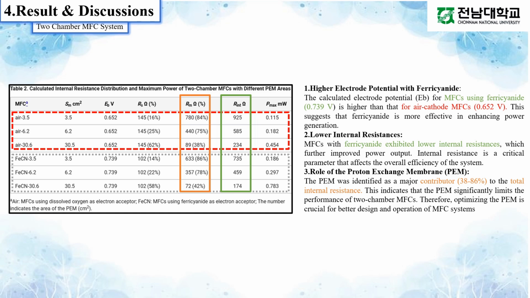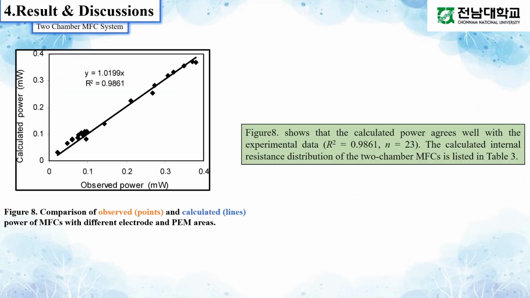The major, 38 to 86%, contribution of the PEM to the total internal resistance indicates that the PEM may limit the performance of two-chamber microbial fuel cells. Therefore, the role of the PEM needs to be carefully evaluated and considered in the design and operation of microbial fuel cells. Figure 8 shows that the calculated power agrees well with the experimental data.